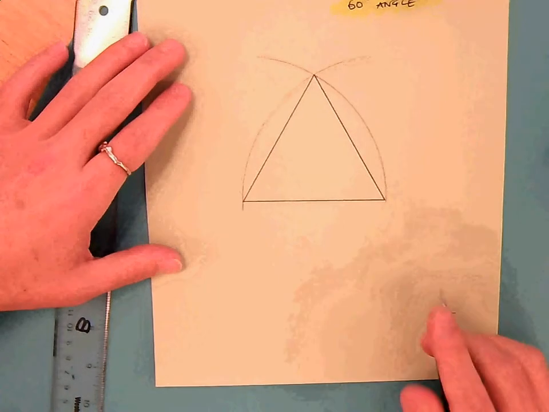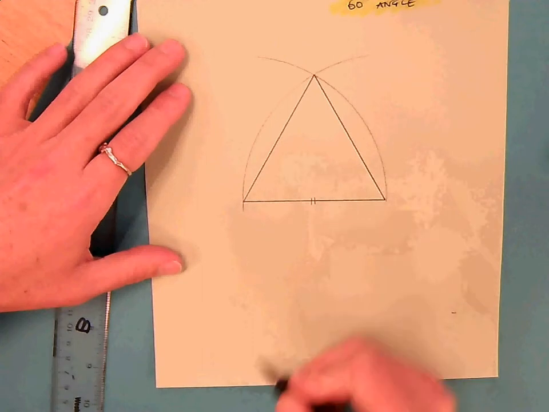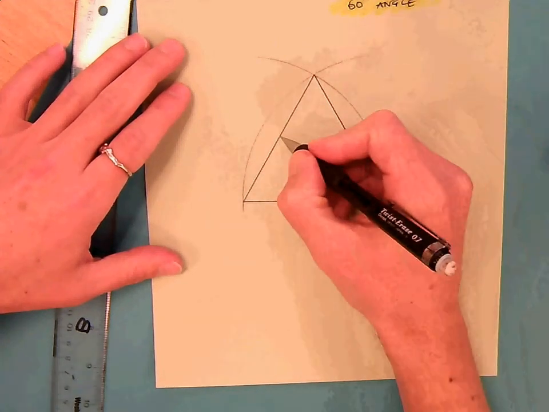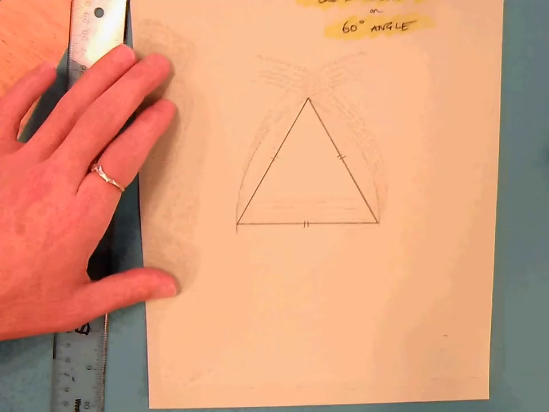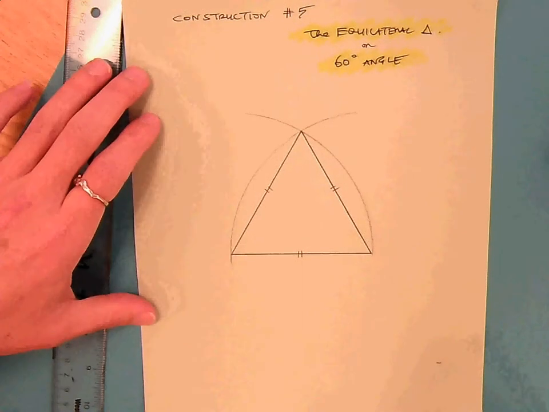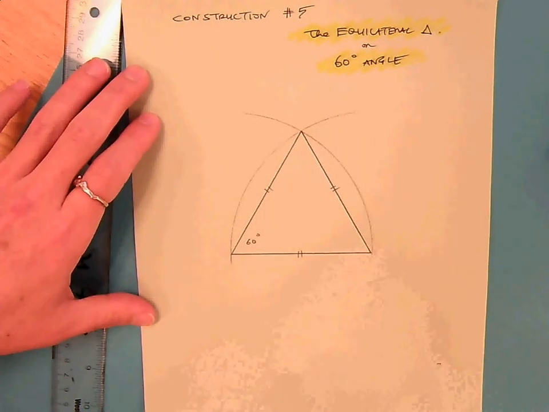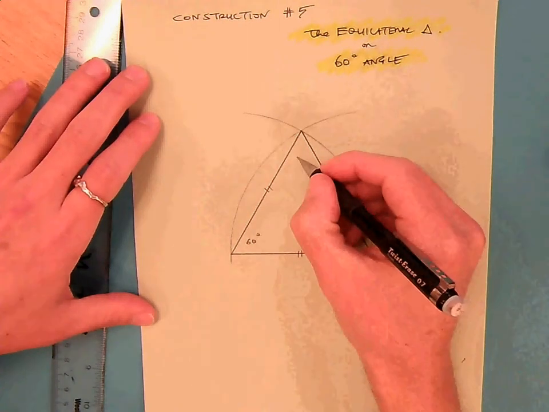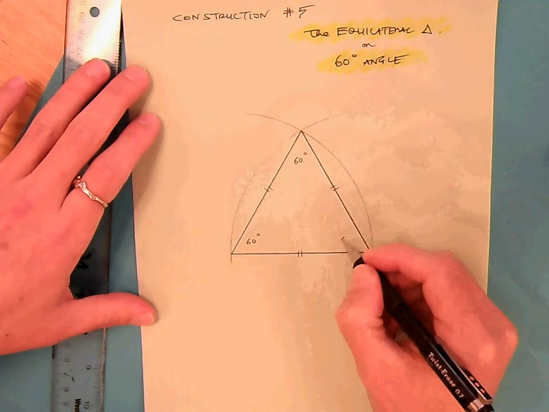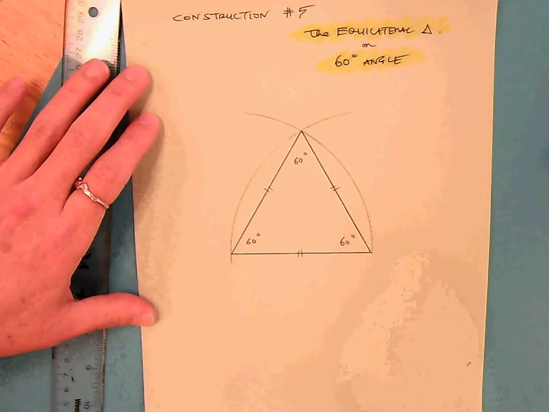And what I did was I duplicated the original side with the other two sides, and now I have an equilateral triangle. By doing that, I have also established a measure of 60 degrees. And not just here. I've established 60 degrees at every vertex.